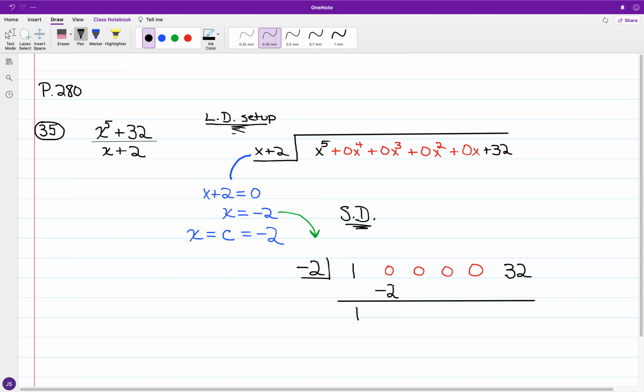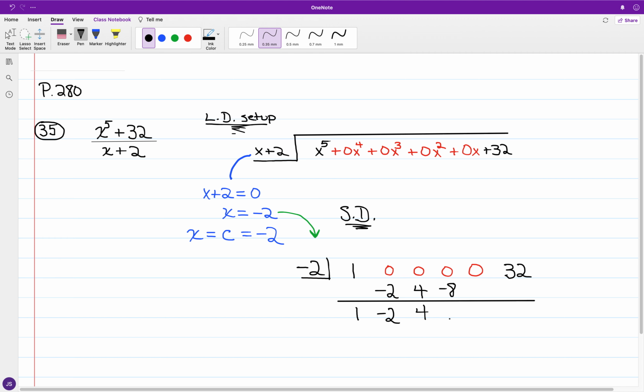With synthetic division, we are performing column by column addition. So we have 0 plus negative 2 is minus 2, and then negative 2 times negative 2 is positive 4. Then 0 plus 4 is 4. Then negative 2 times 4 is negative 8.